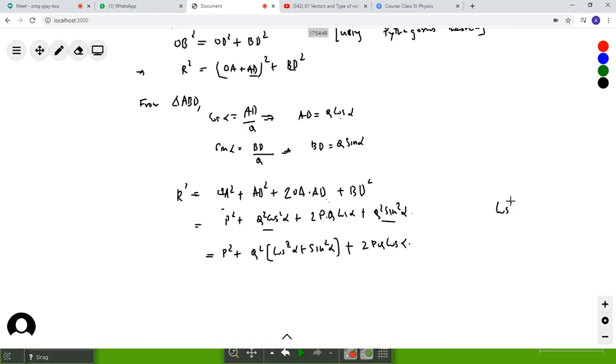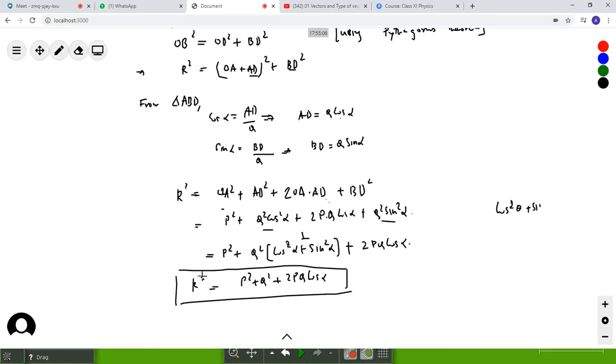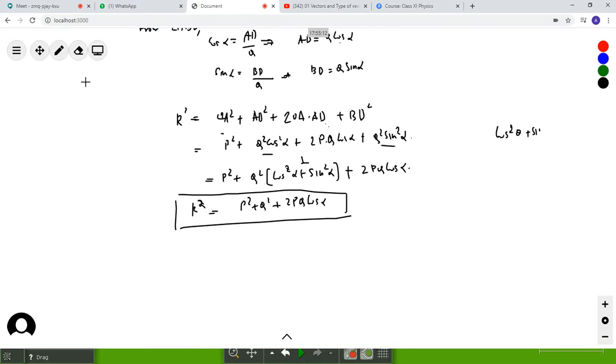Cos square theta plus sin square theta equals how much? 1. So this will be P square plus Q square plus 2PQ cos alpha. This is your R square, the resultant. Or we can say this is the magnitude of the resultant.